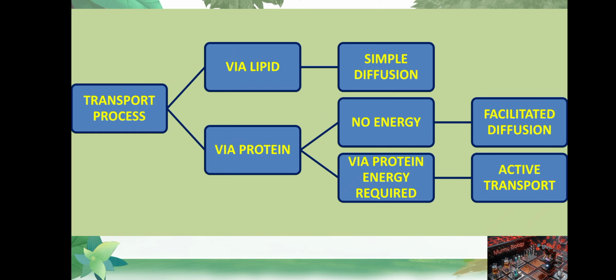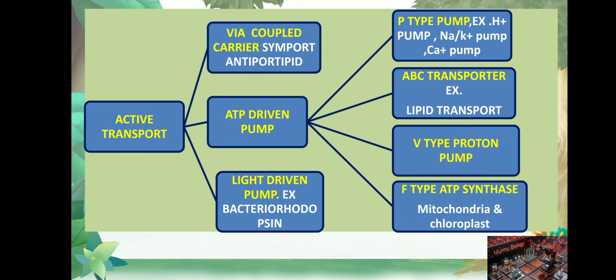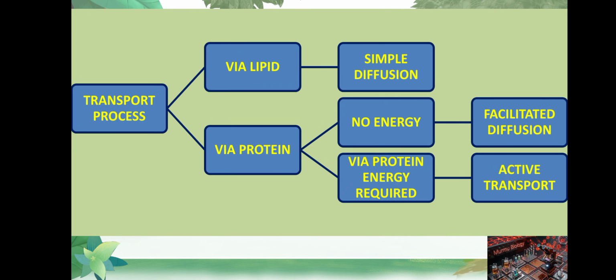It may involve an energy requirement, or it may be a simple tube-like channel. The transfer of molecules could take place along the concentration gradient. That is, if the concentration on one side is higher, the lower-concentration side gets the passage for the molecules. If no energy is required, that is known as facilitated diffusion, and if energy is required, it is known as active transport.